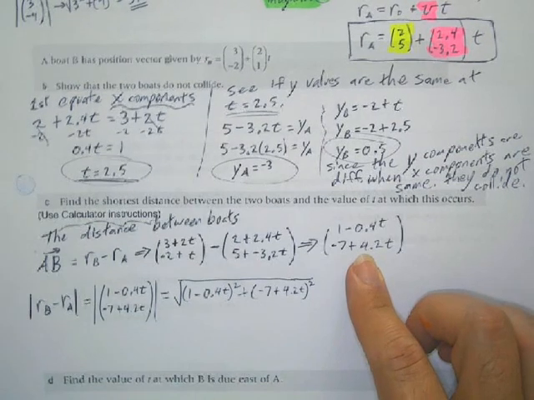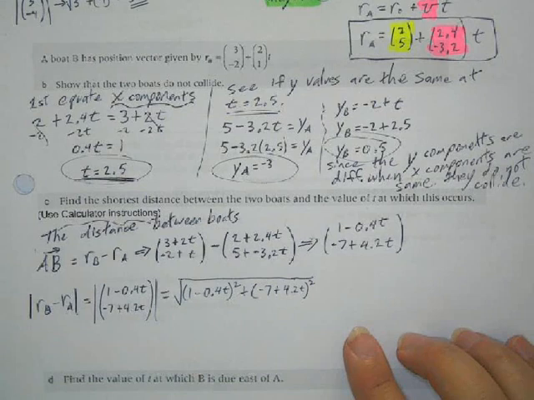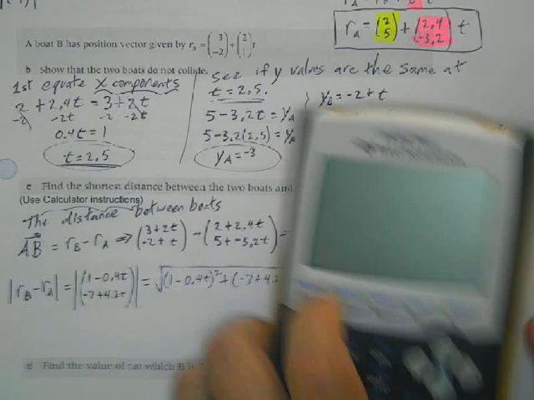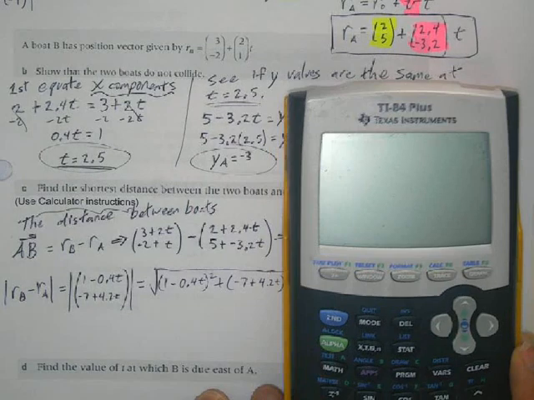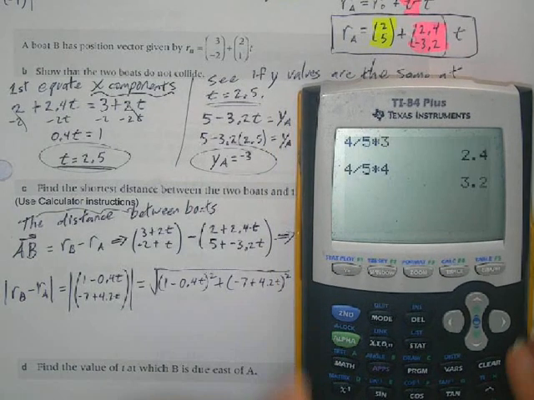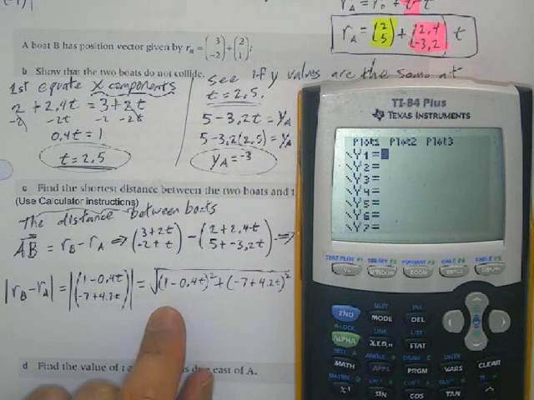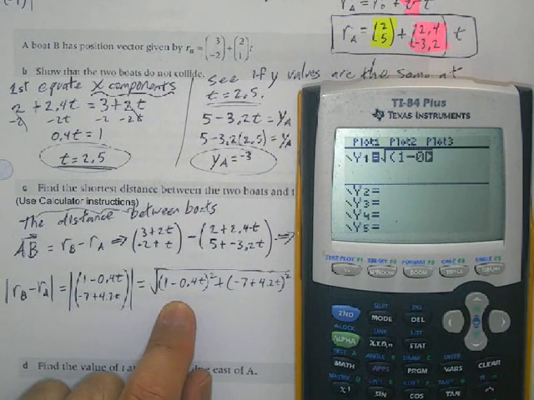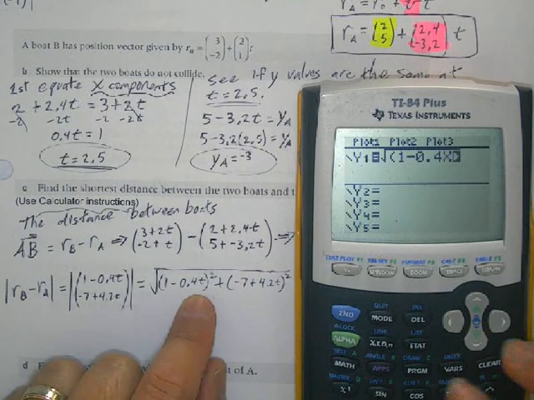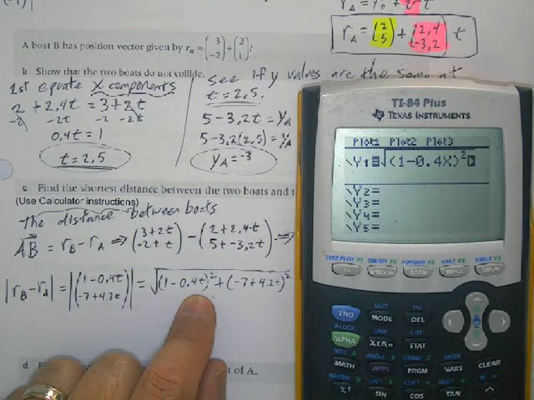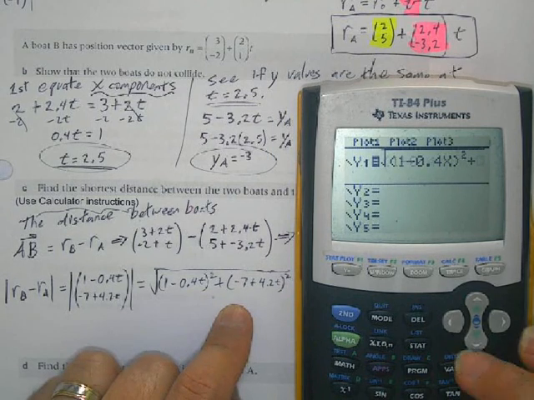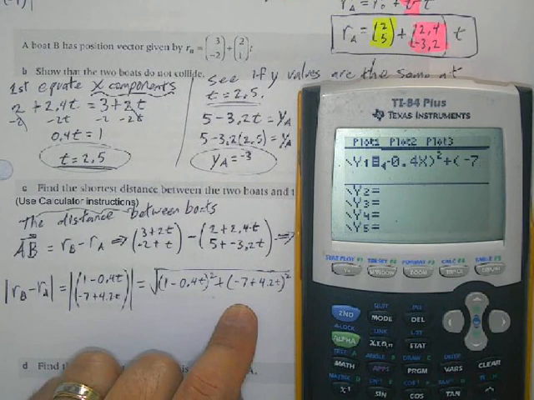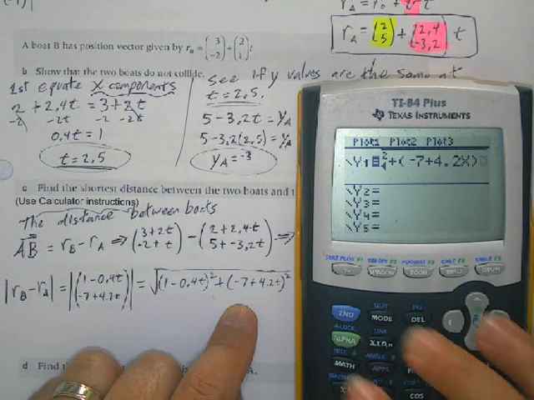Okay, so let's do that right now. On y equals, square root, parentheses, 1 minus 0.4x, close parentheses, squared, plus, open parentheses, negative 7 plus 4.2x, close parentheses, squared.